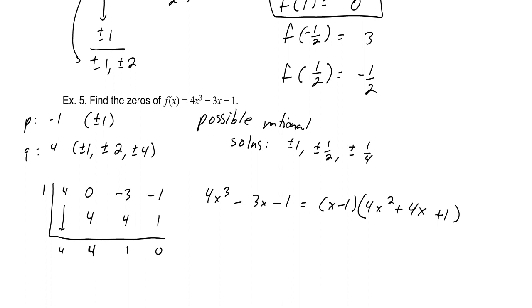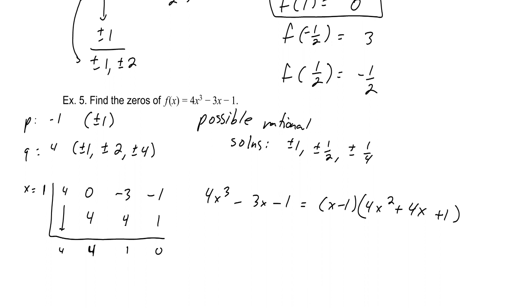Now, you can't in general just expect the first one to work, okay? So that doesn't always happen, but it did work here. Now, we could solve the second one. So we know one solution. We're trying to find all the zeros. One of the solutions is 1.